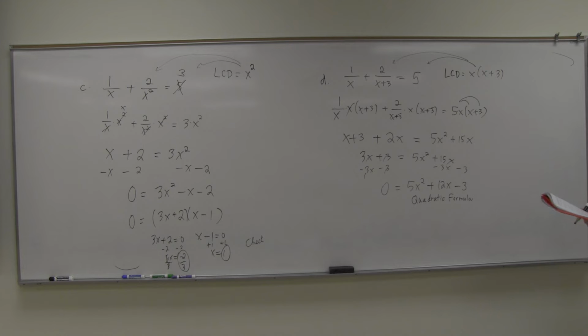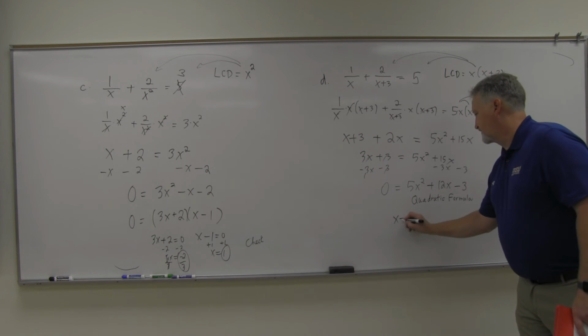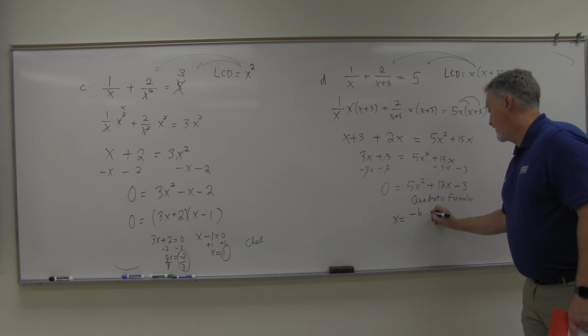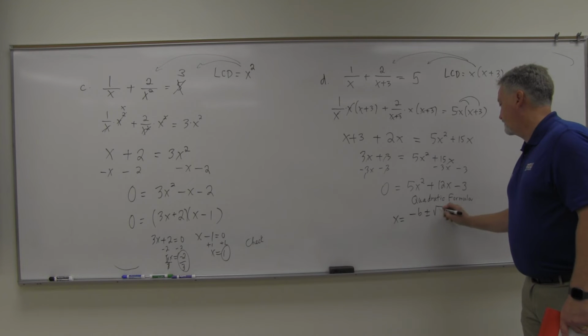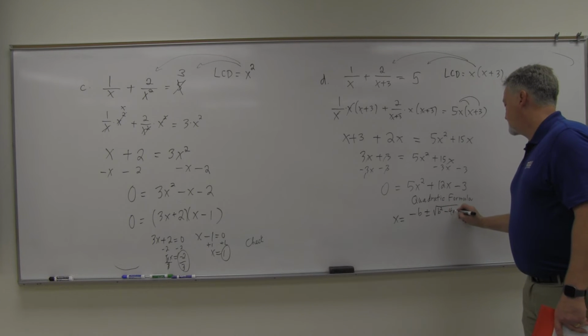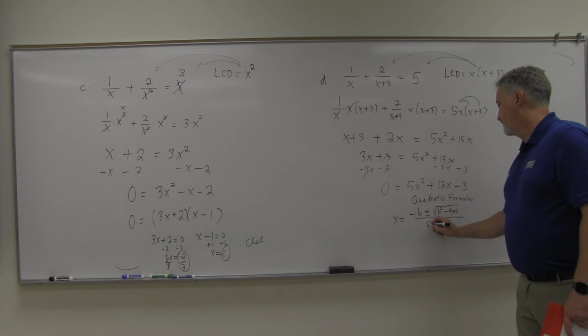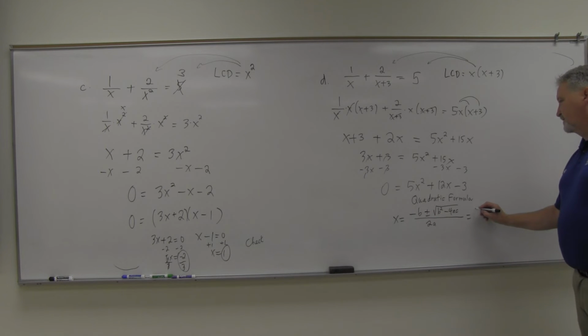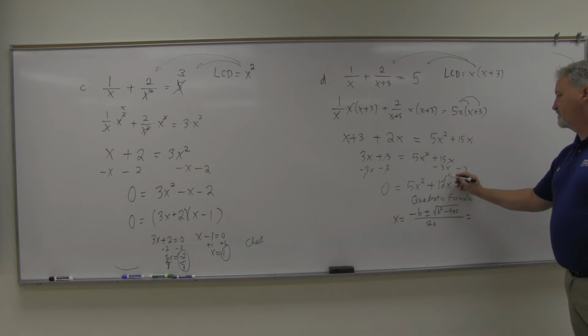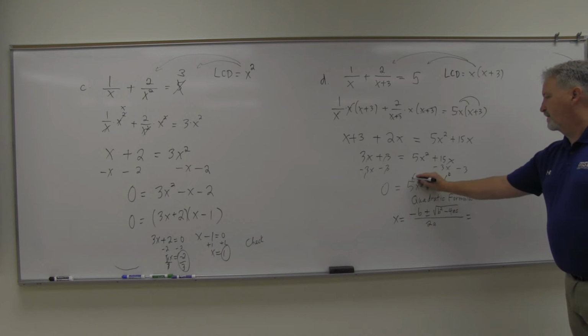So that's x equals, as we review, negative b plus or minus the square root of b squared minus 4ac, all over 2a. And so of course that's a, b, and c.